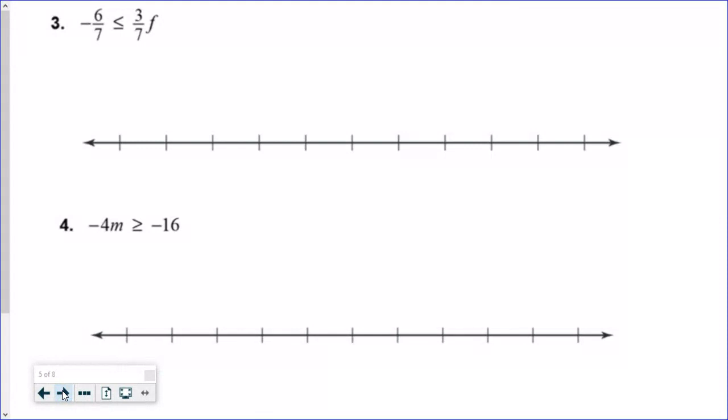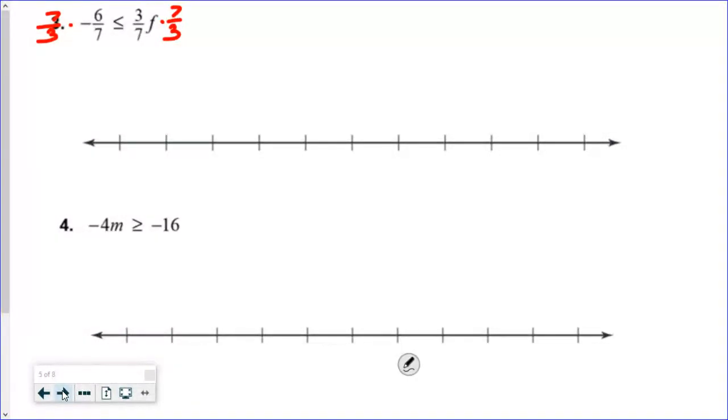Now number 3 is -6/7 is less than or equal to 3/7 times f. Remember, you have to multiply by the reciprocal on both sides.